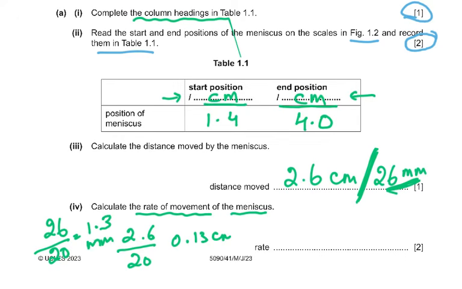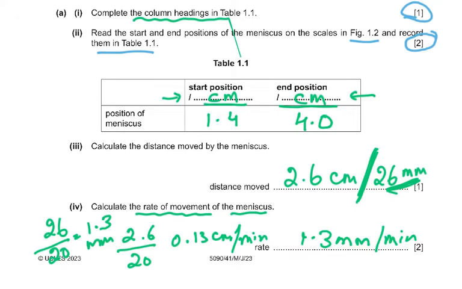So you see, what are the possible answers that you could have given? You could have said 0.13 centimeter per minute, or you could have said 1.3 millimeter per minute. So this was the technical thing which you had to get these 2 marks.